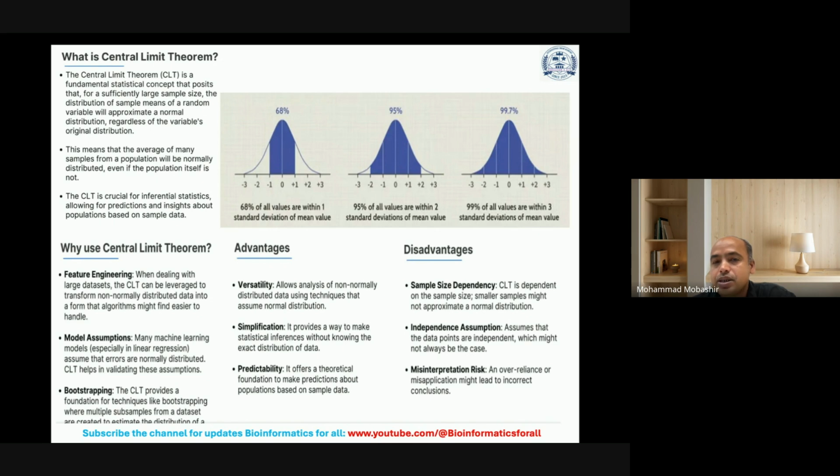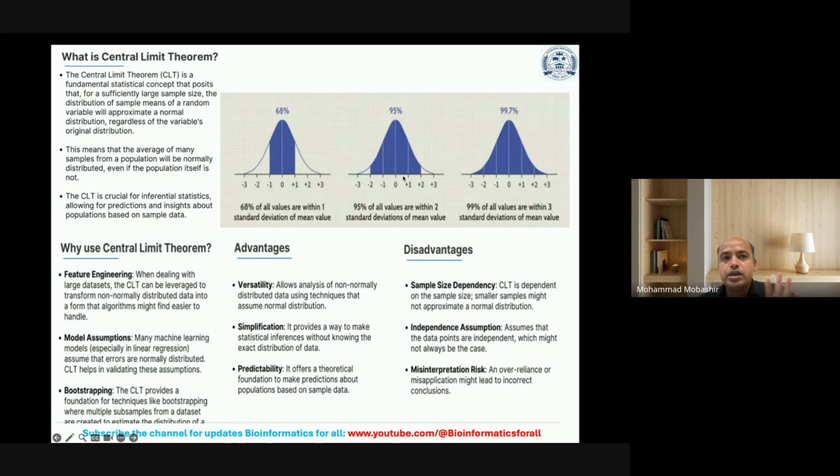Then 95% of all values are within two standard deviations of the mean values. Similarly, 99.7%, that is about 99% of all the values, are within three standard deviations of the mean values.